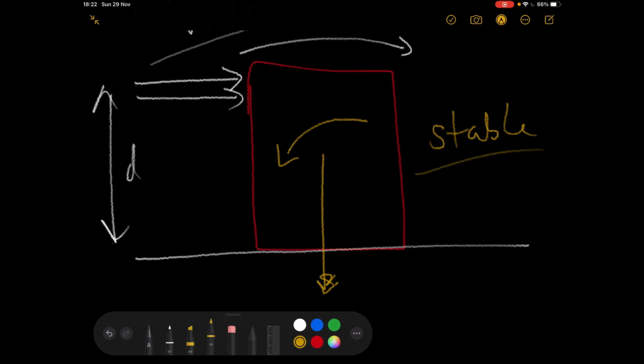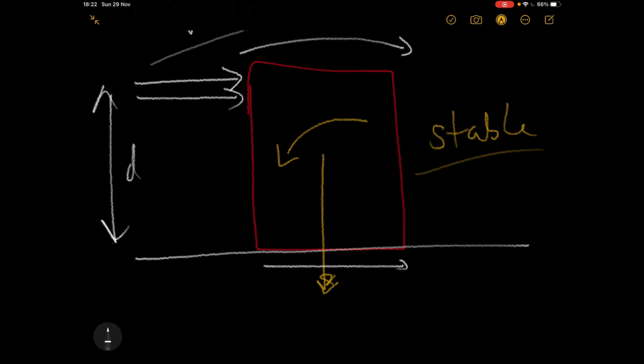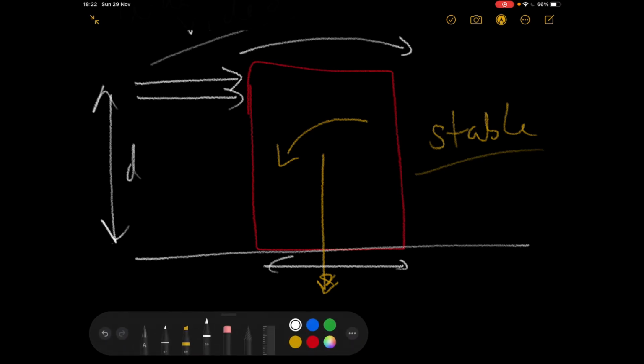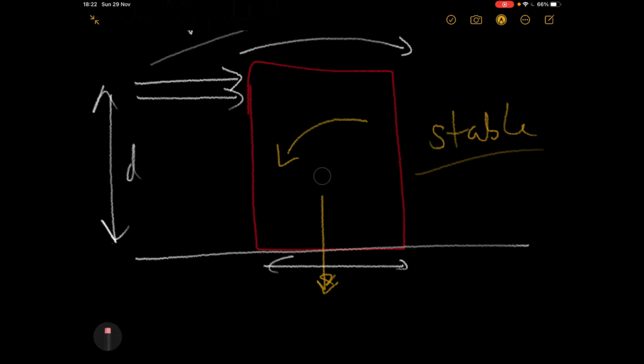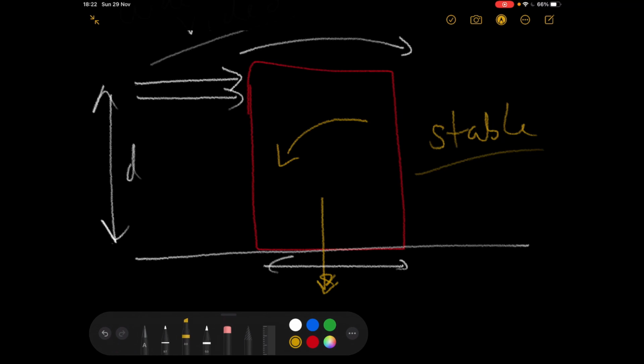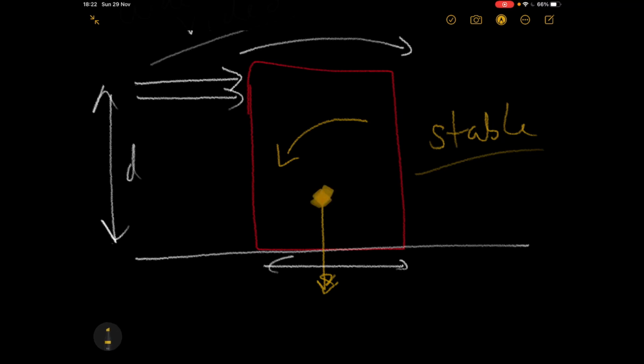The first is you want to have a really wide base to make sure that your centre of gravity is less likely to go outside of the base. And the second thing you can do is add weight to the bottom of the bus to pull the centre of gravity position down, to say, here.